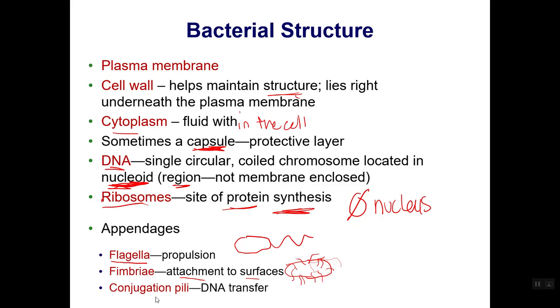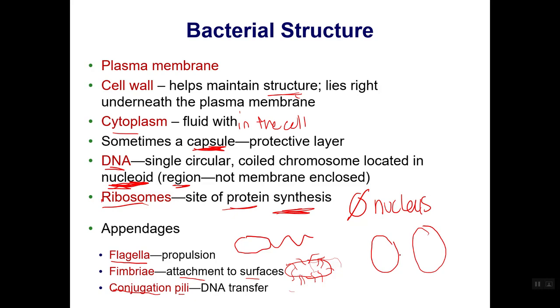And lastly, conjugation pili. This is one of my favorite ones. They aid with DNA transfer. That's really beneficial for these bacterial cells, because once you understand how bacteria multiply and divide, how they reproduce, you'll know that their offspring are genetically identical to the parent cells.